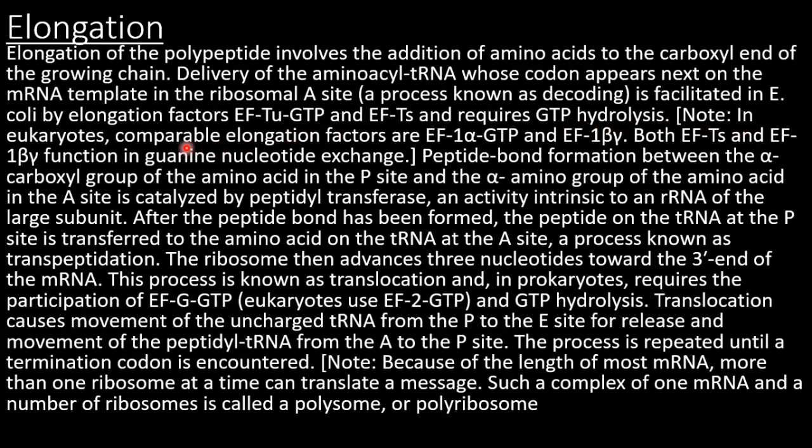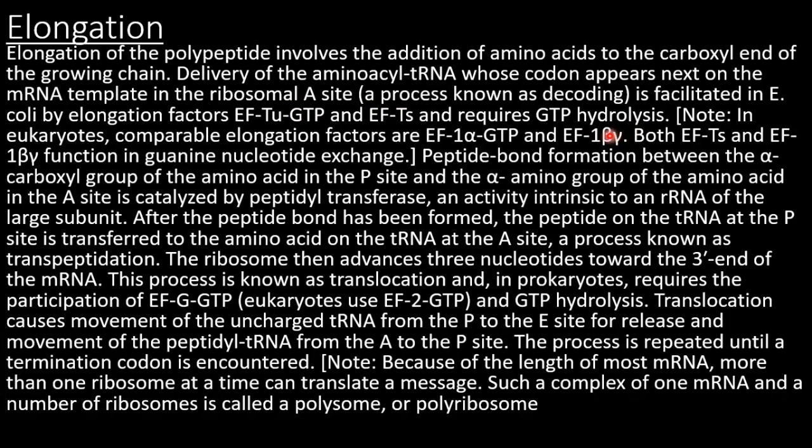Note in eukaryotes, comparable elongation factors are elongation factor 1 alpha, which is linked to GTP, and elongation factor 1B, 1 beta gamma. So this elongation factor 1 alpha GTP is the same as this one in prokaryotes.